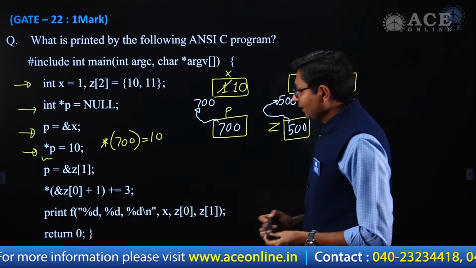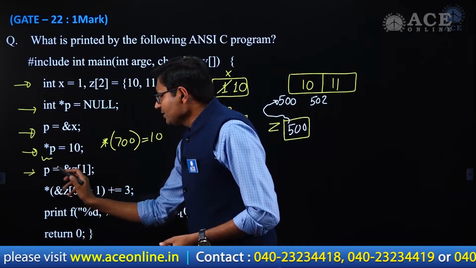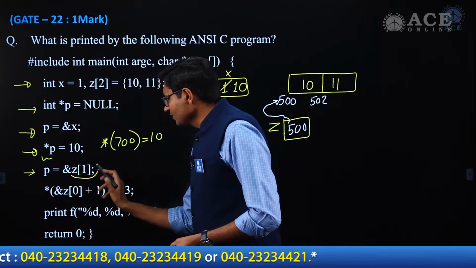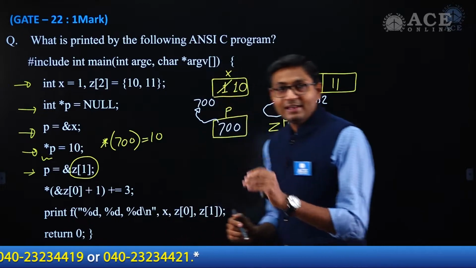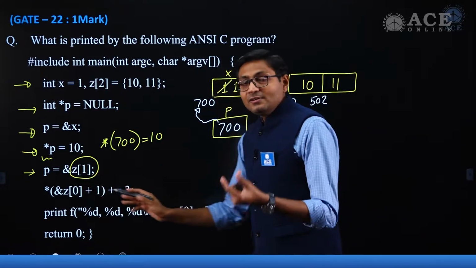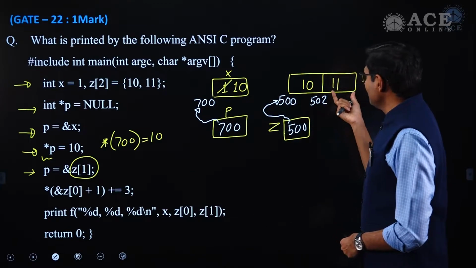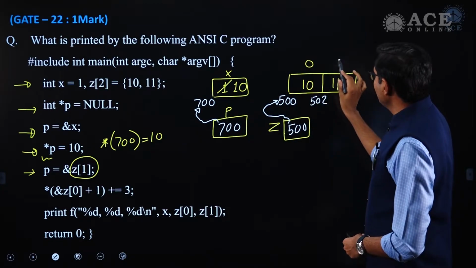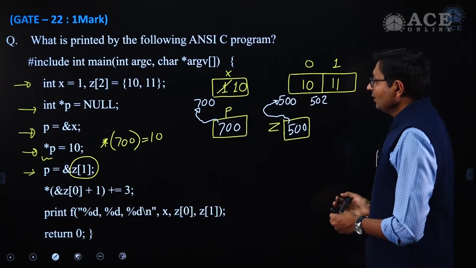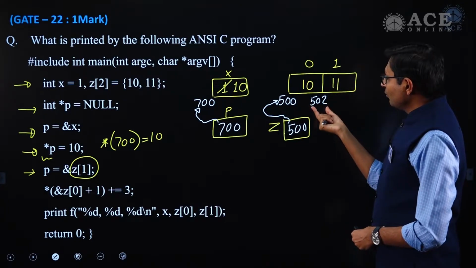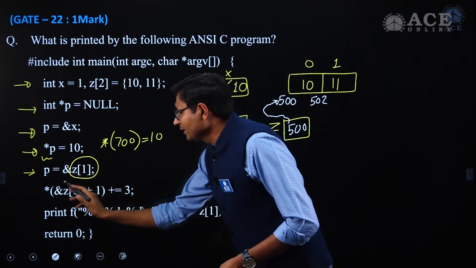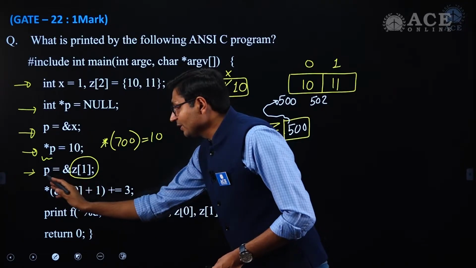Alright. Next. P is equal to address of z of first element. Z is an array, isn't it? And z1 is the first element of the array. This is the 0th element, and this is the first element as per the index. Now this is the z1. What is its address? 502. And where are we storing it? In the p variable.